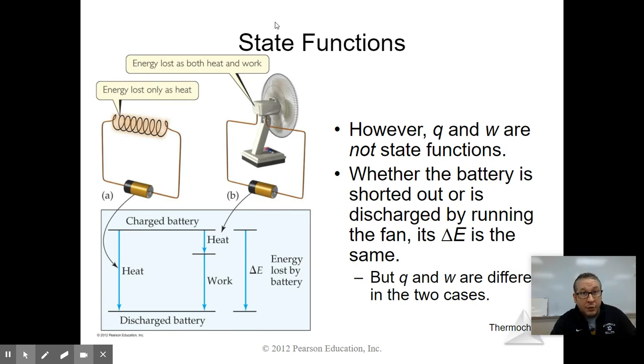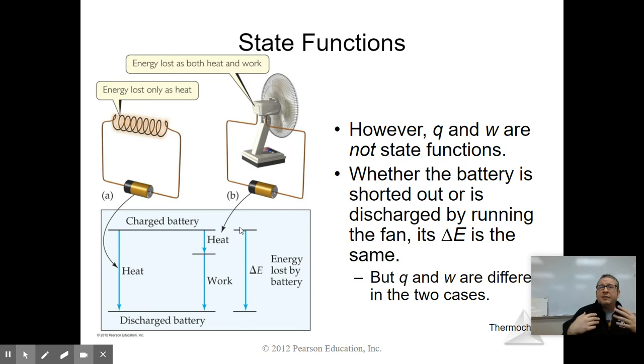Objects being moved by energy, that's called work. So here we have energy lost by both heat and work. In A, we simply have energy lost by heat, because when you short circuit something, it becomes hot. But nothing is having work done onto it because there's no object being moved.